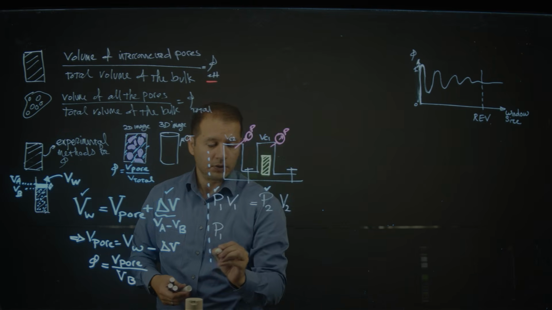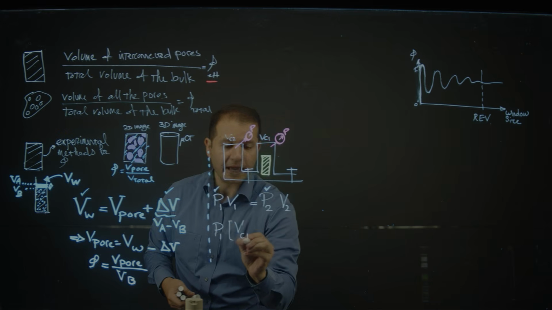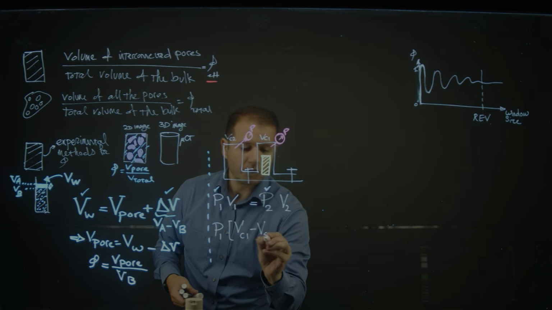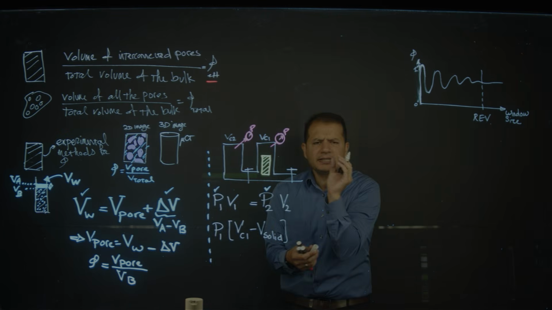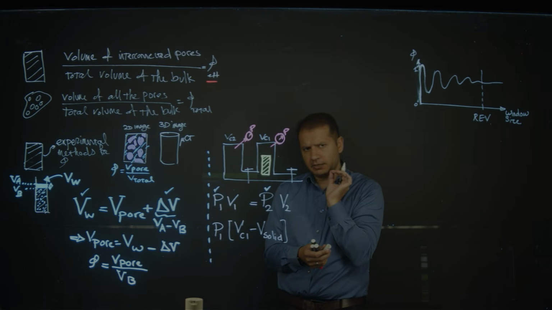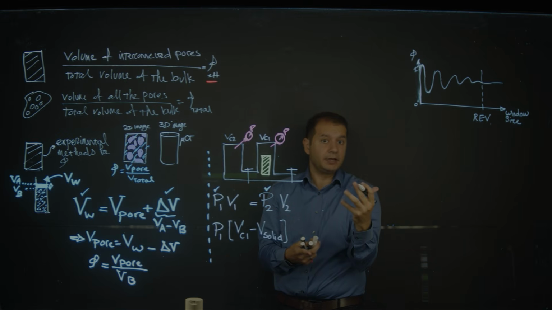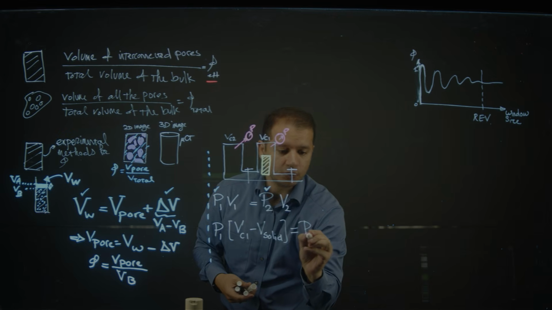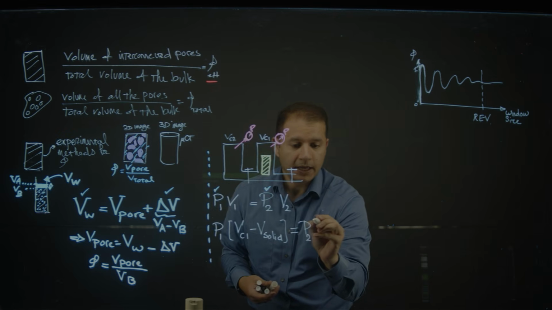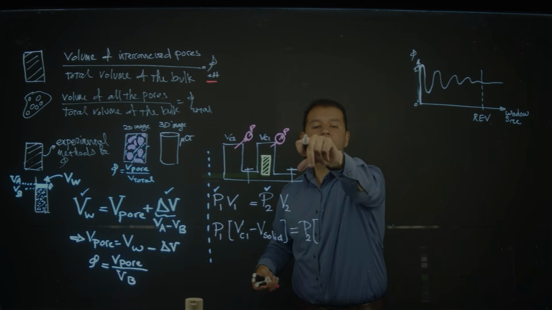P1 is known. Volume 1 is the volume of chamber 1 minus the volume of the solid rock, the grains, because grains are solid. They don't let gas come in, but the space between them, the pore space, will be filled with gas. The second stage is P2, which is known, and volume 2 is when I open the second valve and close the first one.